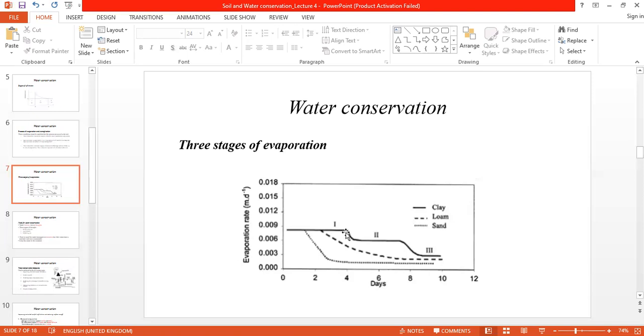Okay, it's clear now. That's why your sand will evaporate fast in the initial stage, and then it will become almost flat. The loam is intermediate, but the clay will take a bit longer to reach a stage when it starts to reduce, because the pores are smaller.